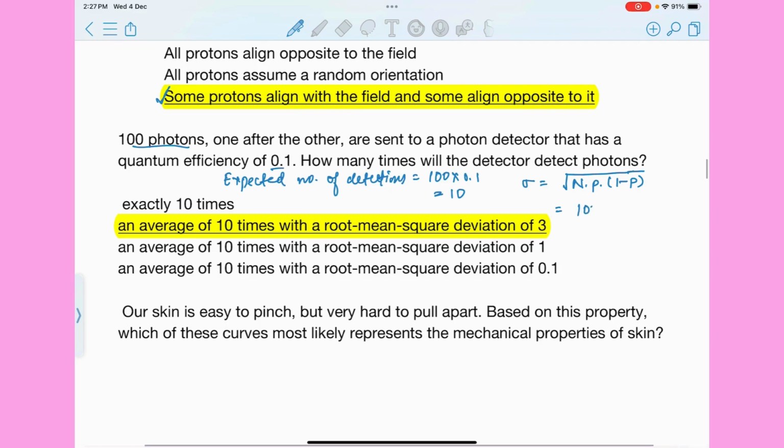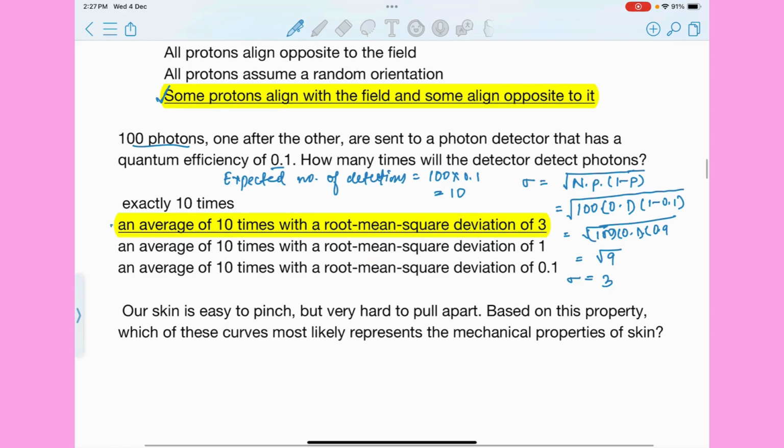That will be root of 100 into 0.1 into 1 minus 0.1, which is root of 100 into 0.1 into 0.9. Root 9 will be equal to 3. So that is option number 2.